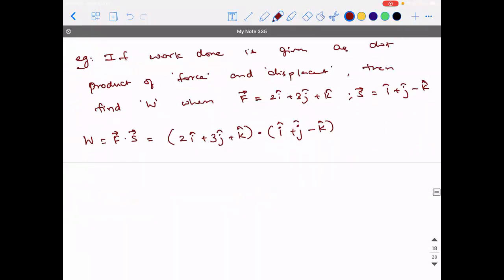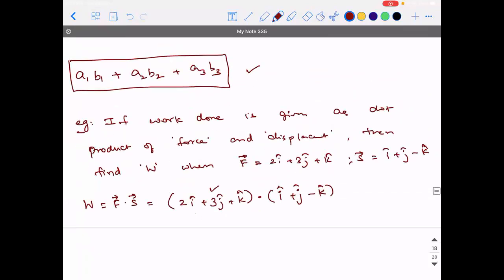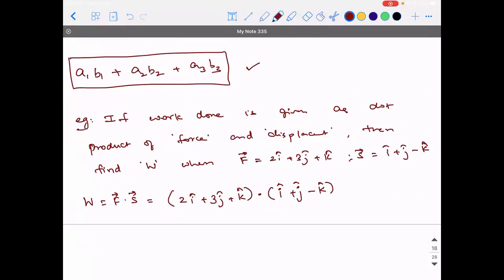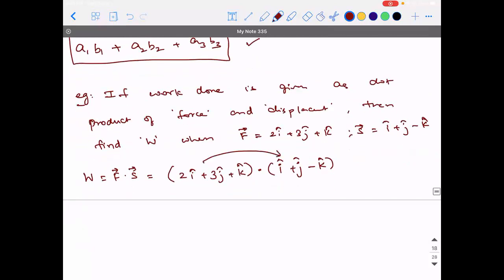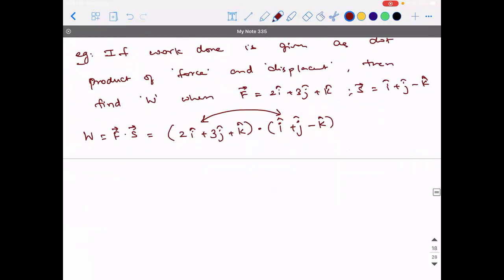Okay. So according to the dot product between two vectors which are given in standard form, what are we able to understand? That when you do the dot product between these two, the product between the standard vectors is nothing but the product of the coefficients of I cap in both the cases. So here the coefficient is 2 and here the coefficient is 1, plus.